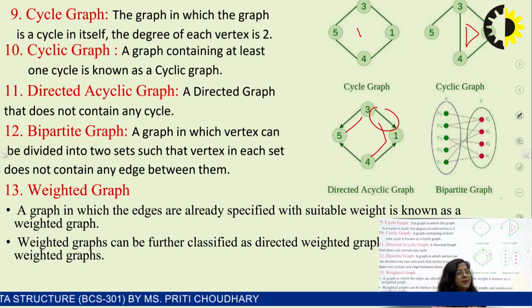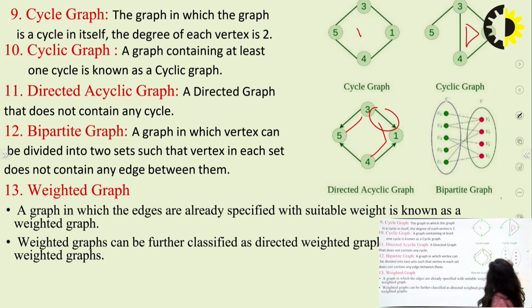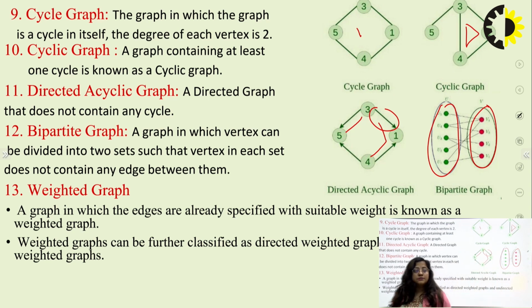The next one is the bipartite graph. A bipartite graph is a graph in which the vertices can be divided into two sets, such that the vertices within a set do not have edges between them. Let's take an example. This is a bipartite graph according to this diagram.